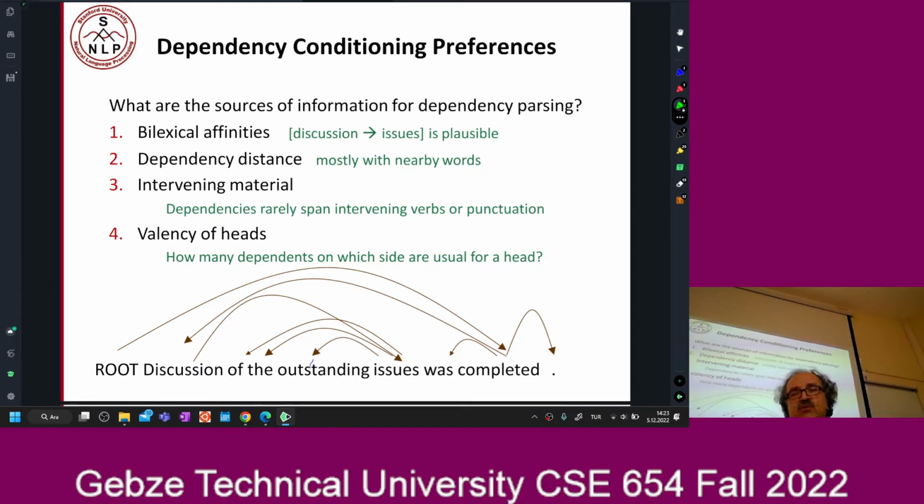And am I going to write these kind of rules for all kinds of bilexical affinities? No. Again, the dependency distance: if they are close by, there is a dependency. No, I can't say that. So how am I going to know when to shift and when to make an arc?